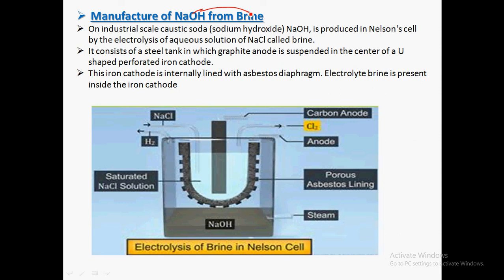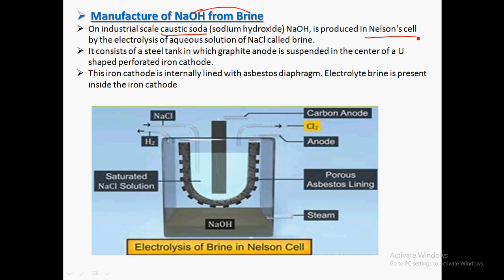On industrial scale, sodium hydroxide has another name, caustic soda. So to manufacture it on a large scale, this sodium hydroxide or caustic soda is produced in a separate chamber, or you can call it an apparatus, which is called the Nelson cell.